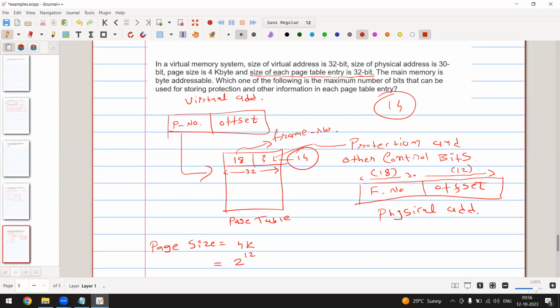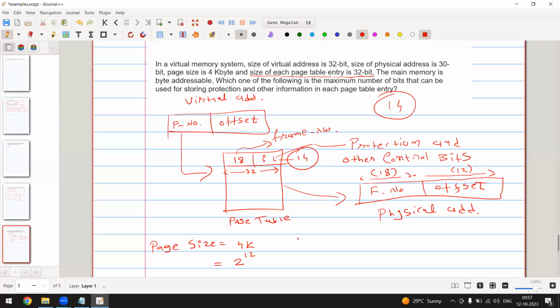So you can see that with the given information, from each piece of information you infer something, and you can find out the remaining things. But you need to keep this flow in your mind, that from virtual address to page table, from page table to physical address.